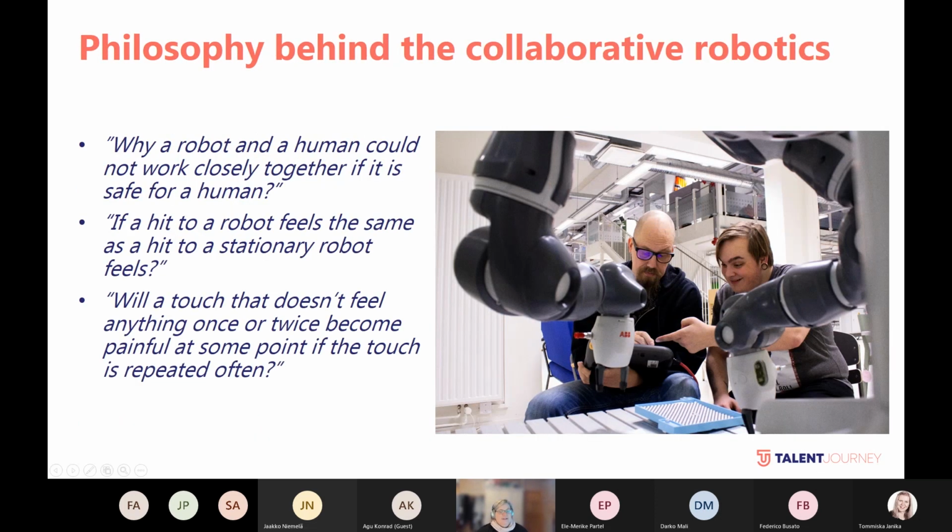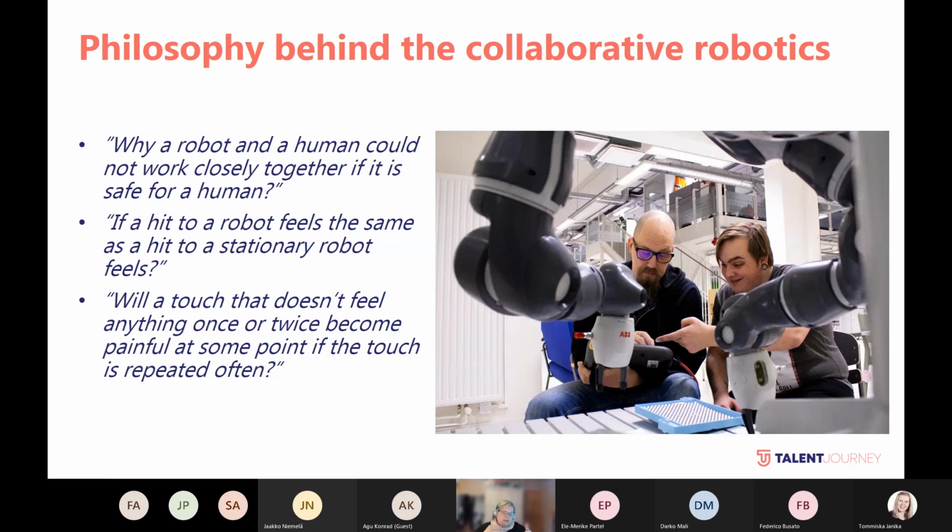Then going to the collaborative robots, I think that we could start with a little philosophy here. Originally, collaborative robots were based on the idea: why could a robot and a human not work closely together if it's safe for a human? One goal was to make the hit on the collaborative robot feel the same as the hit on the stationary robot.